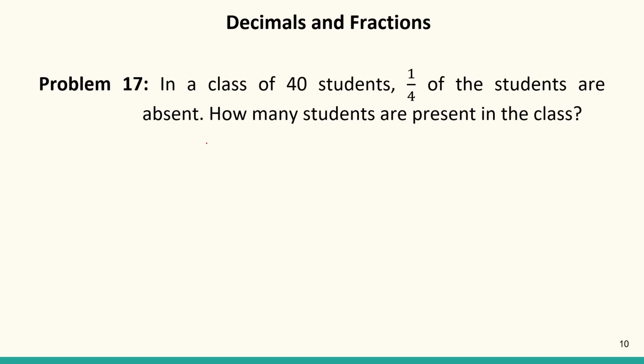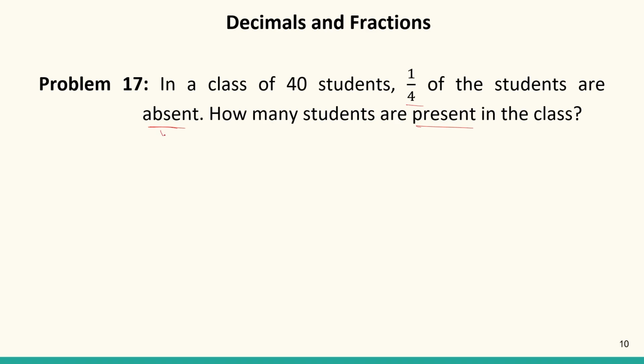In a class of 40 students, 1/4 of the students are absent. How many students are present in the class? Please note that 1/4 of the students are absent, and it wants to know how many students are actually present.